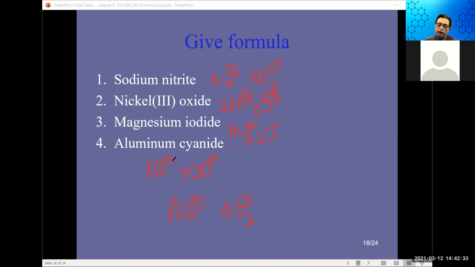Okay. And so before we write the formulas, break it down to the ions, and then from the ions, it will tell you how much of each you need. And from that information, you can go on to write the formulas. Let me clear up my mess there. And you end up with the following. Okay.